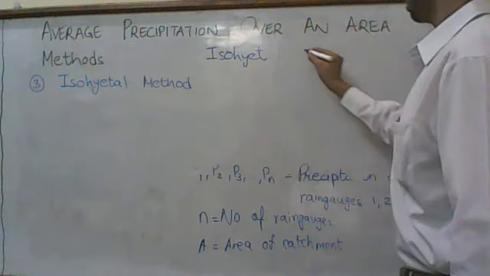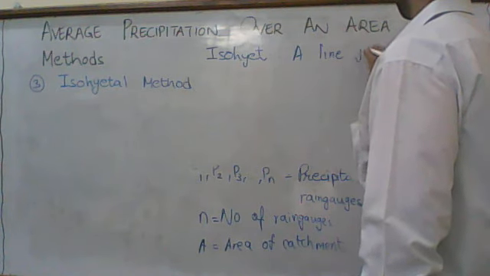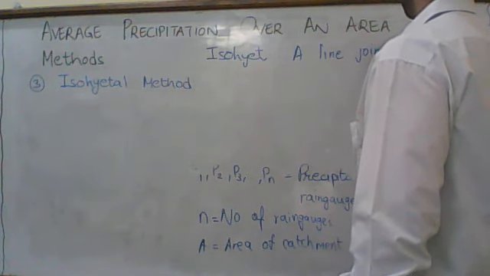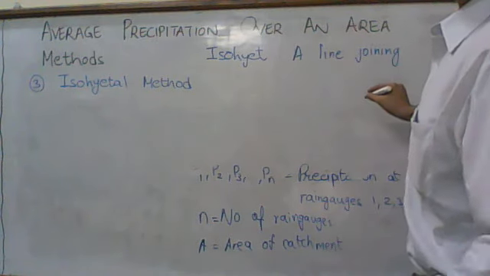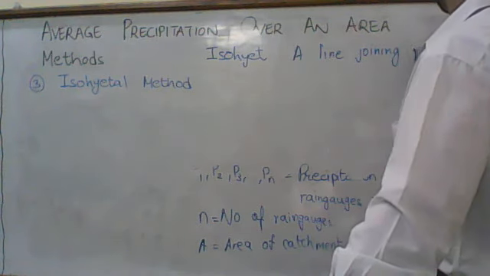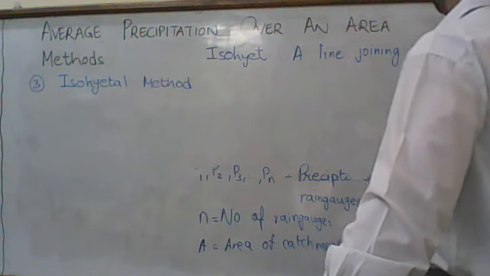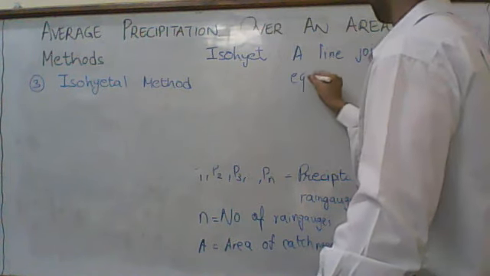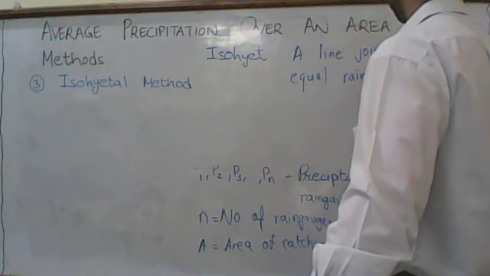Isohyet is a line joining points of equal rainfall or precipitation.